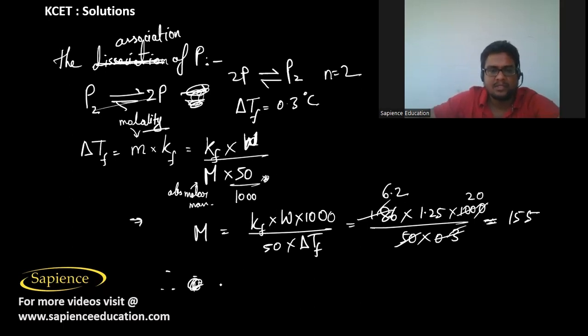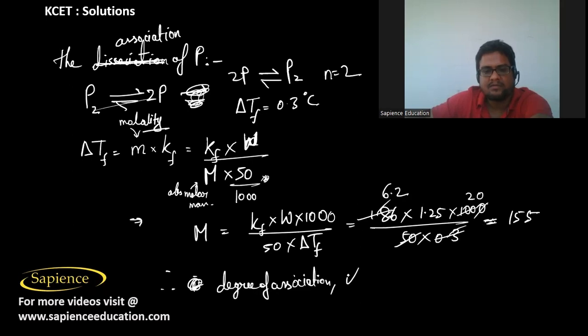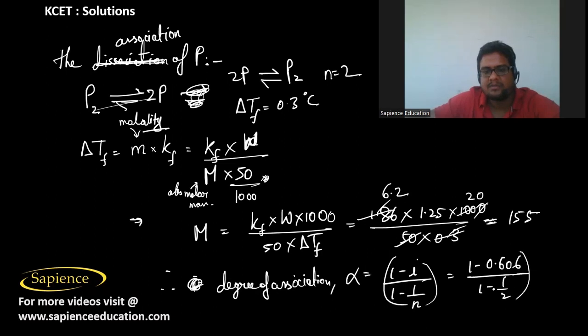Therefore the degree of association, that is alpha, is given as (1 minus i) by (1 minus 1 by n). So this will be 1 minus 0.606 divided by 1 minus half.